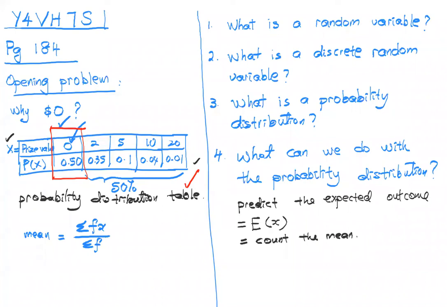So in this case, it will be sum of pi xi over sum of pi, because we are talking about probability. So this one will become sum of pi xi. Why can I write it like that?